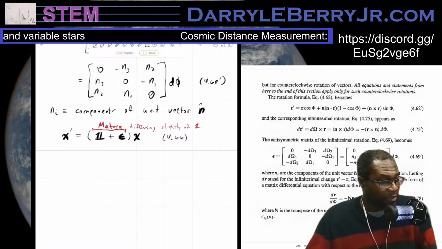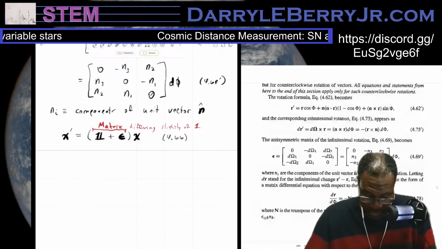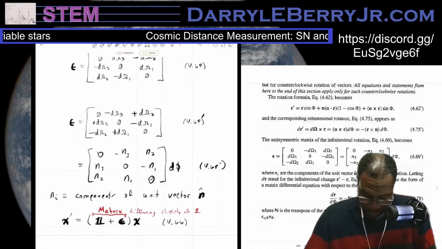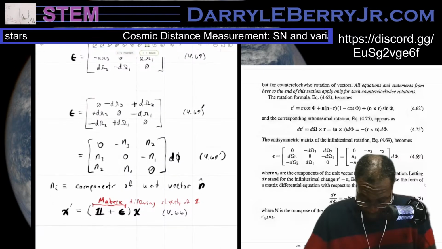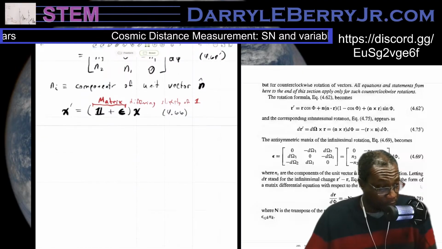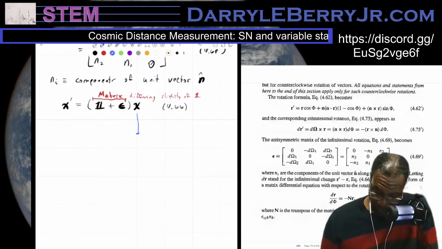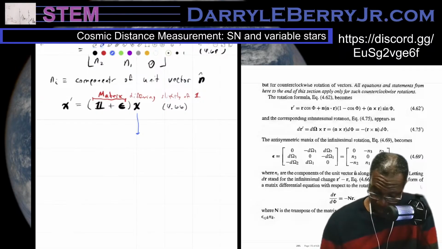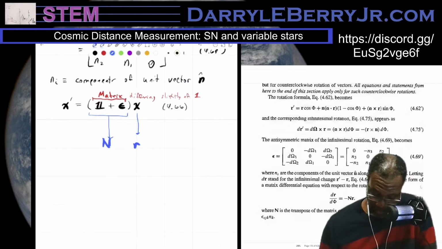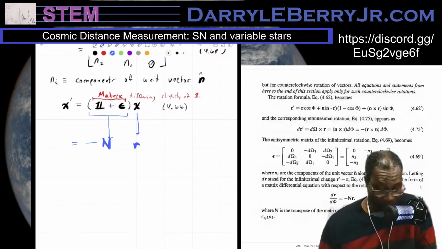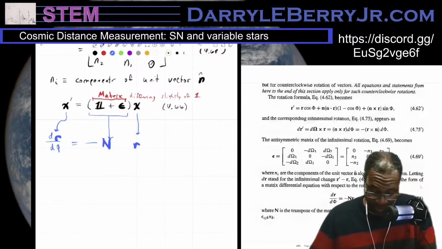I thought maybe it was some kind of abbreviation and it should be R, but I guess what they're saying is that this will be dr over d phi.